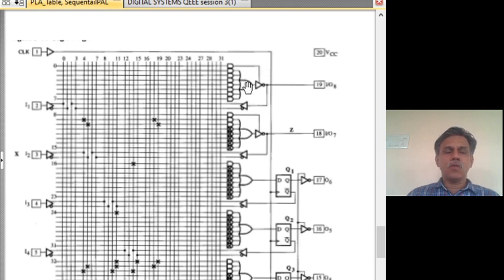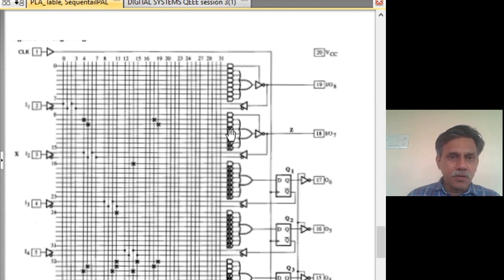Well, so what we do is, each one of these lines is going to be a sum of 7 terms. Each term is generated by this AND gate. This AND gate generates one term. Depending upon what all you connect, it will generate here.